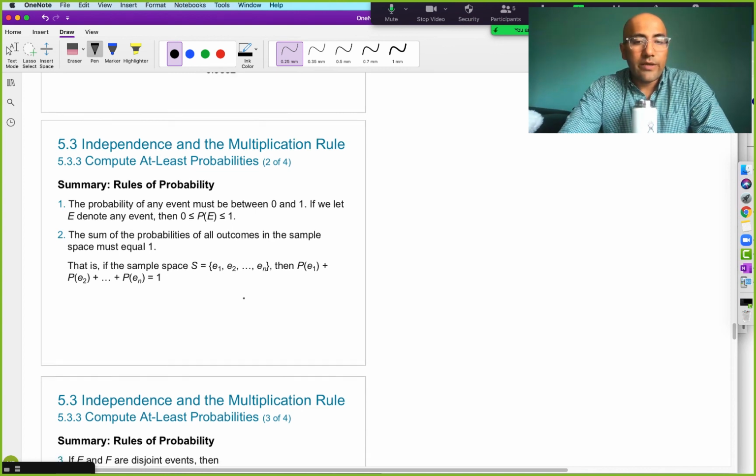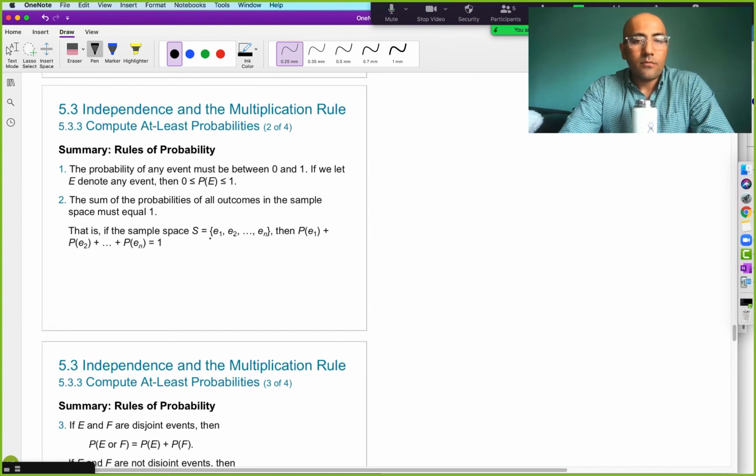We also know that when we come up with our sample space, each individual possible outcome, simple outcomes, simple events, can be denoted with lowercase e sub 1, sub 2, sub 3. So this means that there are lowercase n number of outcomes in this sample space. And we know that the sum of the probabilities of the simple outcomes must add up to 1.